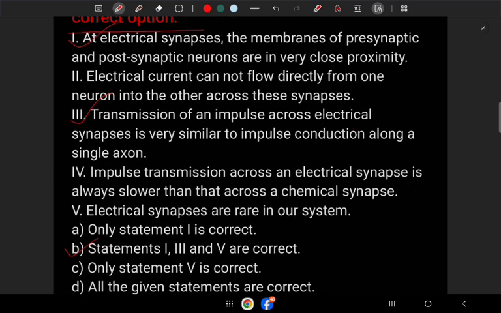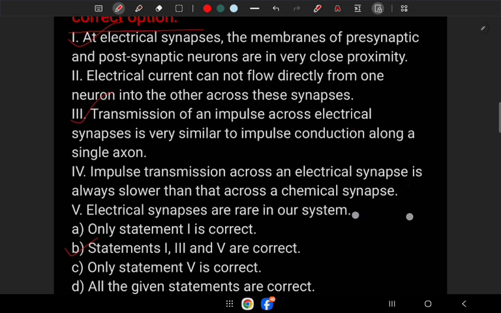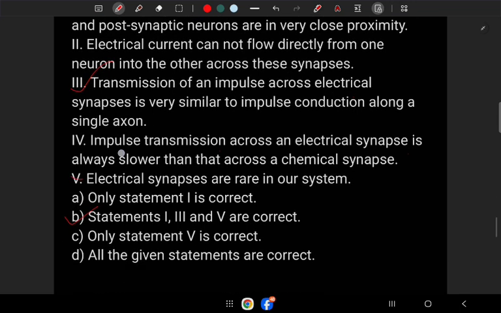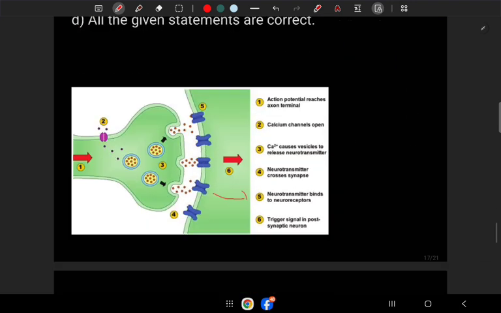And electrical synapses are rare in our system. So the correct option is 5. That is, B is the correct option.